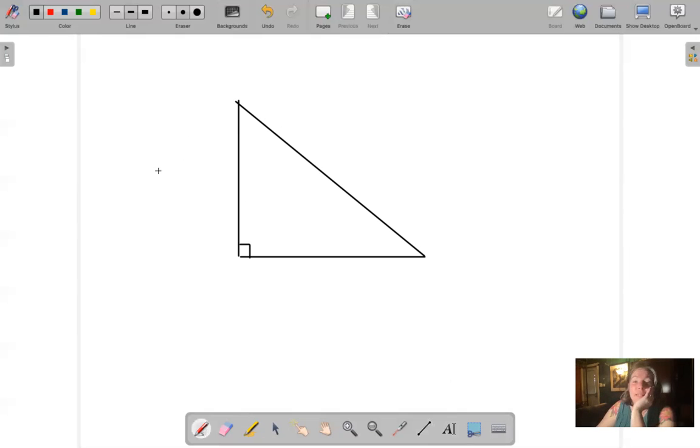I don't know, let's say this is 2.2 feet. And let's say this is 4.6 feet. And this is X. And we say solve for X.